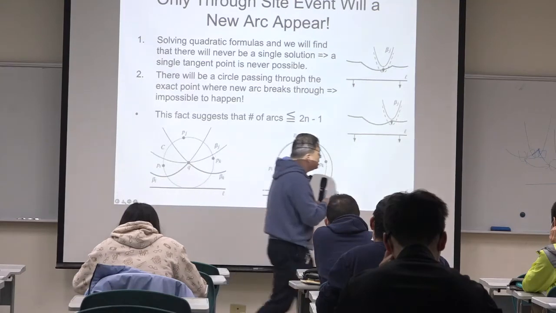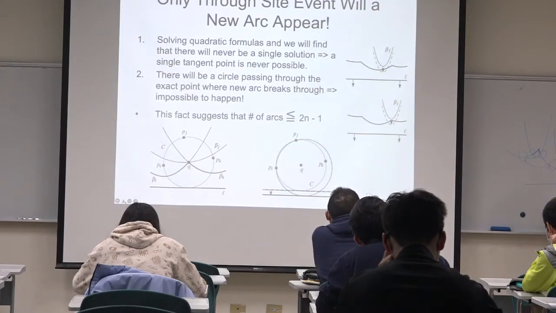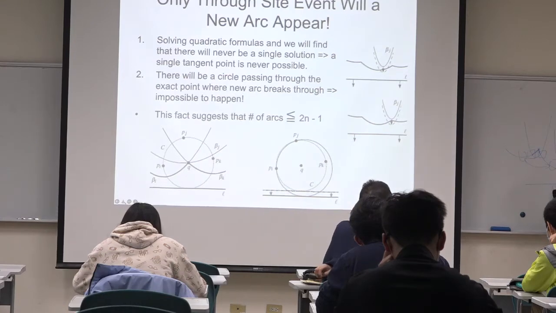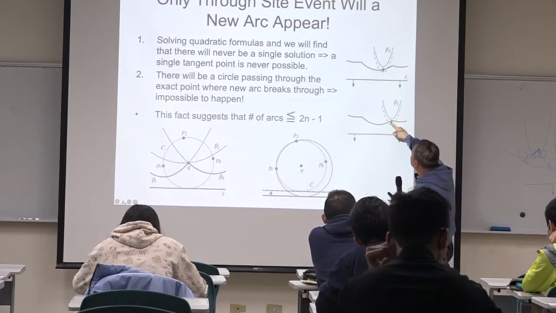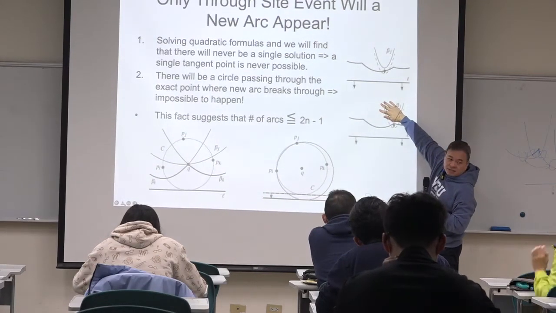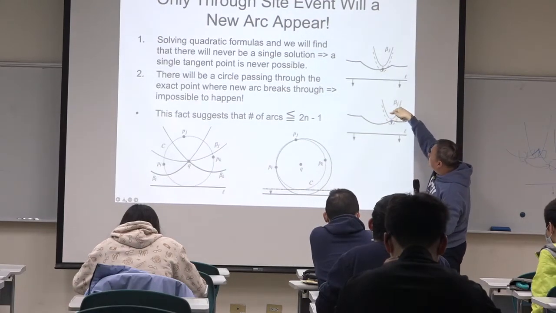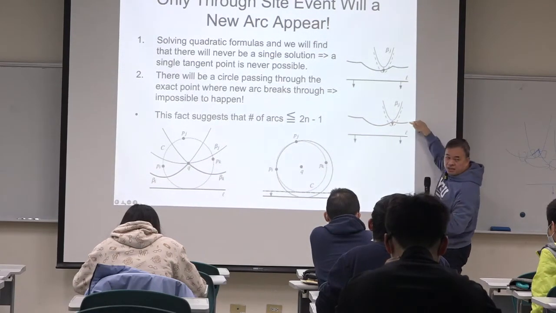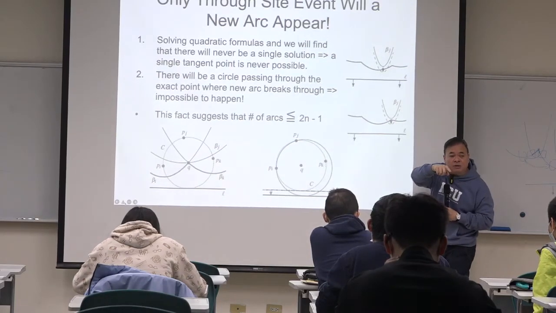If it's something like this, you have the original, you have this. Before it breaks, try not to look at this one. Before it breaks, you should have a straight line induced by these two parabolas. That's exactly what you are talking about.